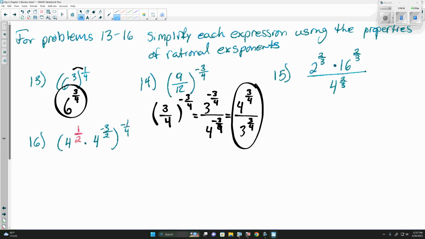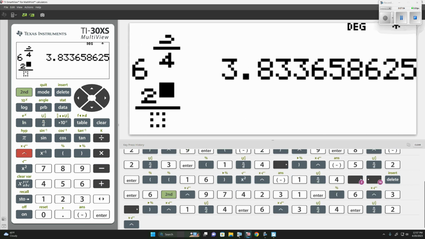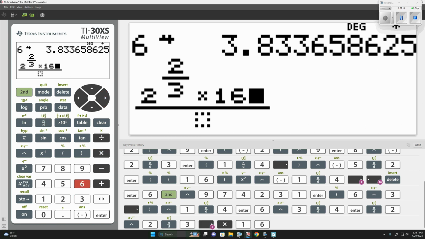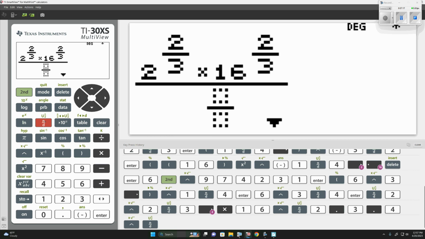Questions on any of this here? Well, with 15, we can try plugging it in. Fraction, 2 to the 2/3 times 16 to the 2/3, over 4 to the 2/3.